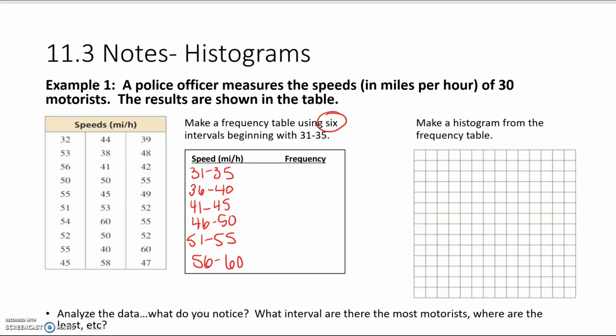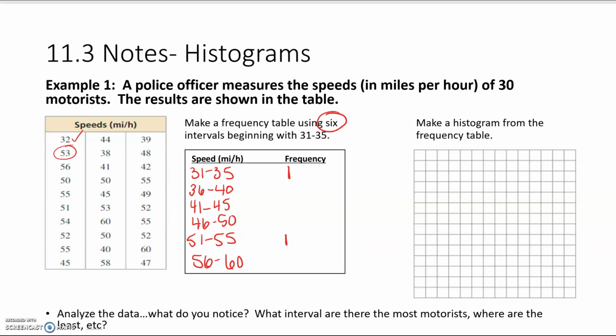So I'm going to go through each of the speeds in the table and figure out which interval they fit in. 32 is between 31 and 35, so I have one number there. I'm going to say I used that one, and then go to the next number. 53 fits in between 51 and 55, so I'm going to make a tally mark there.